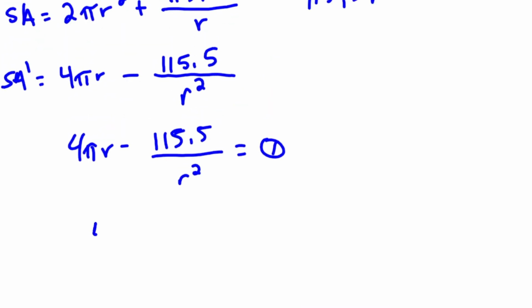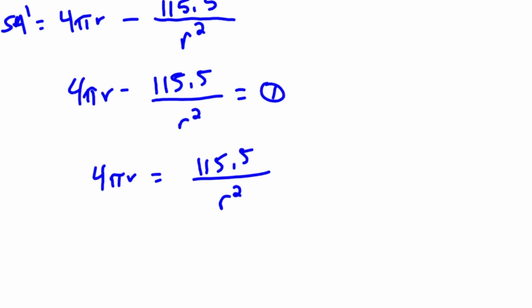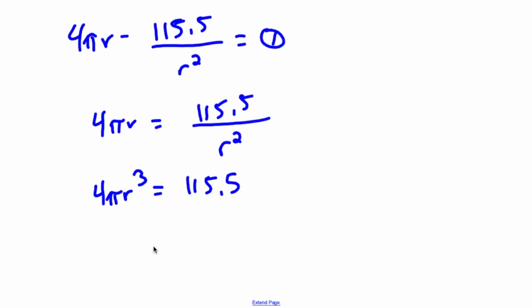Let's move it over: 4 pi r equals, I'm going to add that over, 115.5 over r squared. Multiply by r squared, so 4 pi r cubed equals 115.5. I know some of you could probably do this in fewer steps, but I'm just going to write them all out here. R cubed, let's divide that over: 115.5 divided by 4 pi.